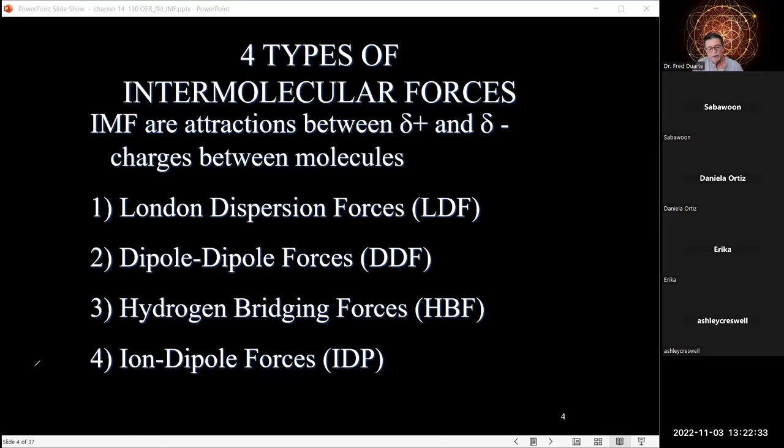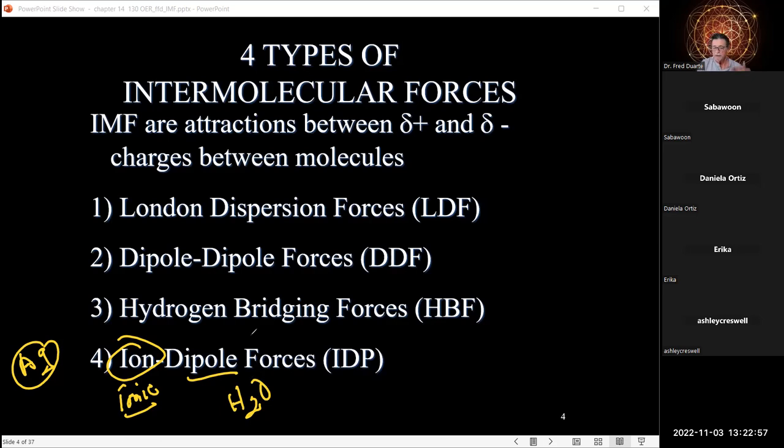Normally with number 4, we're looking at ionic compounds, hence the term ion. And then the dipole comes from, the majority of the time, dealing with water, because water has a dipole. There's a dipole in here.